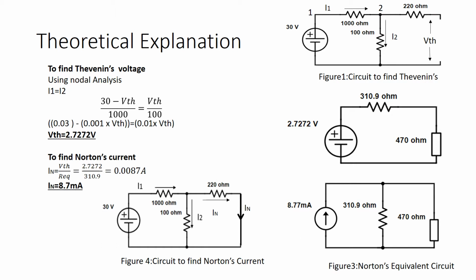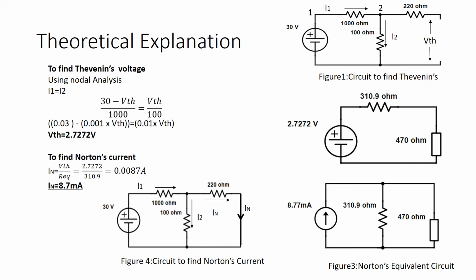The formula using nodal analysis is I1 is equal to I2. At node 2, the incoming current is I1 and the outgoing current is I2. According to KCL, incoming current is equal to outgoing current, that is I1 equals I2.